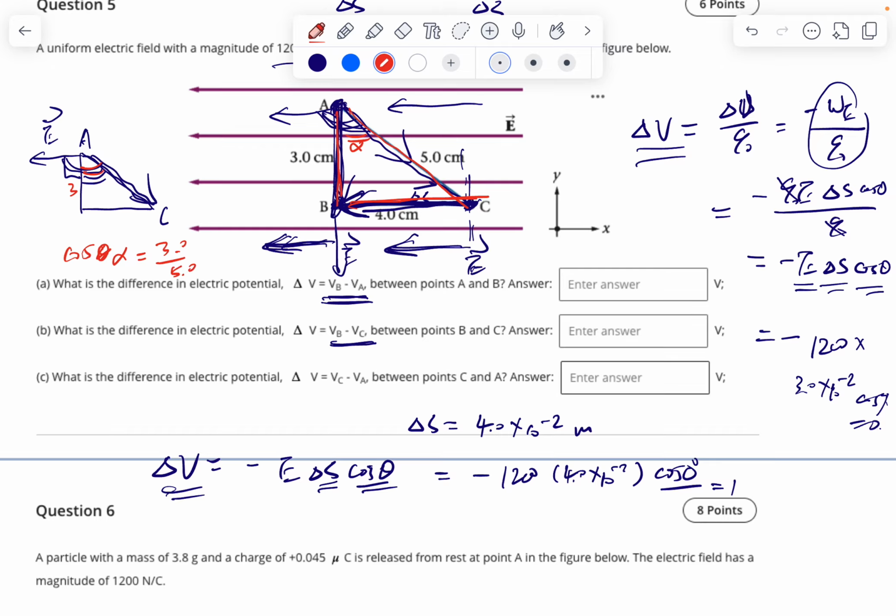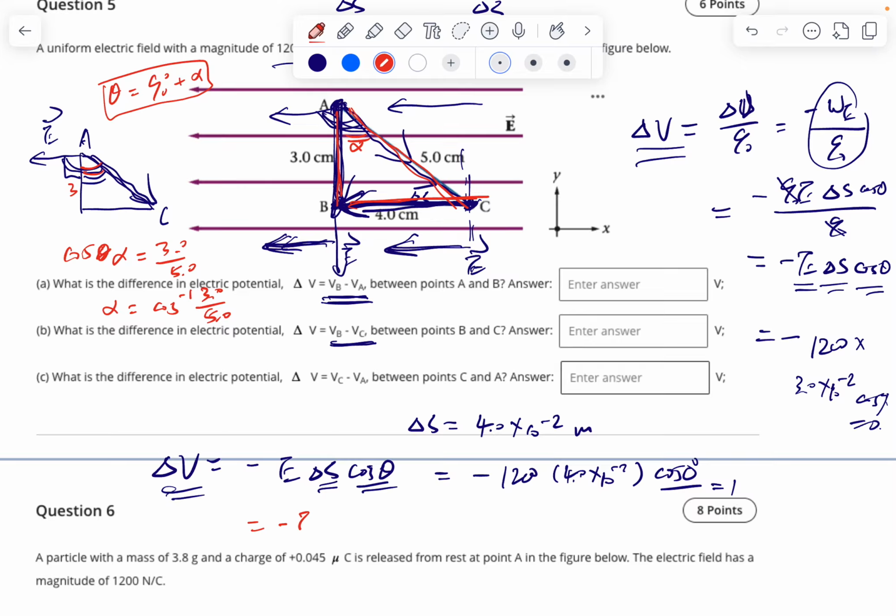So you can figure out what is alpha. Alpha equal to inverse cosine of 3.0 over 5.0. Okay, you get alpha. Then theta equal to 90 plus alpha. Okay. All right, so displacement here is 5.0, and you use the same equation.